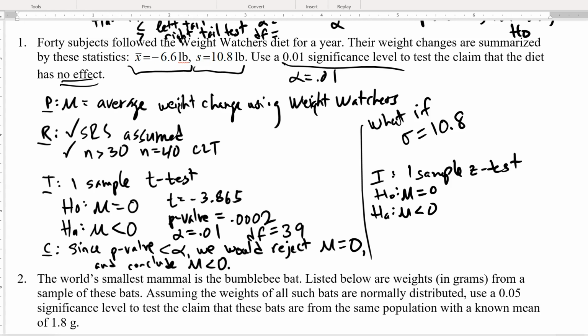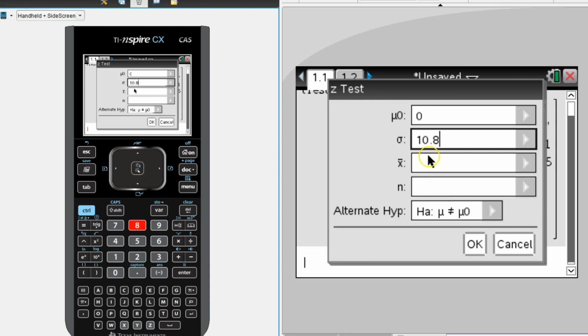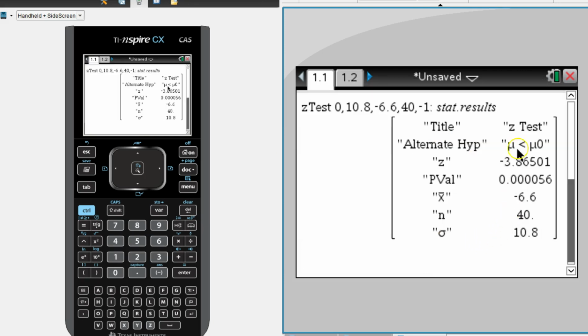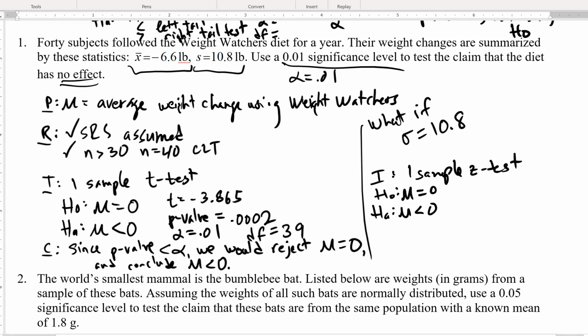And we had negative 6.6. And a sample size of 40. And I'd still argue for less than. Well, now our z-score is actually the same number, because the formula is the same for z and t, it's just whether you know sigma or s. So negative 3.865.